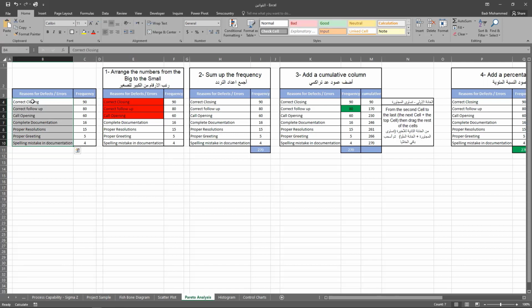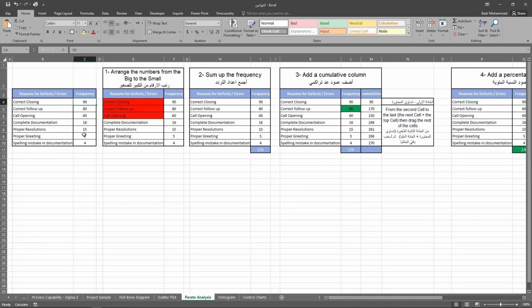These are the parameters for evaluating, for example, our service, what we call customer service. So we need to evaluate the customer service within these 7 parameters. So correct closing for the call, it is happening 90 times.